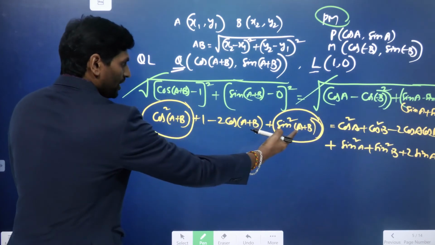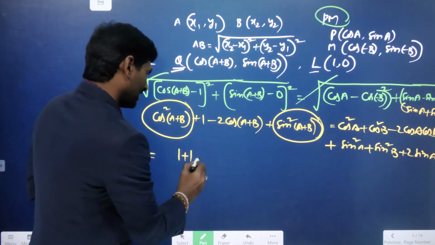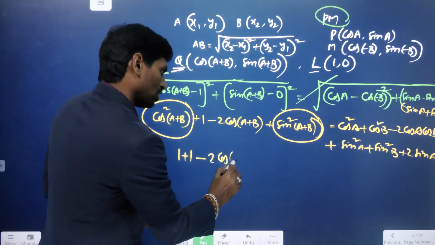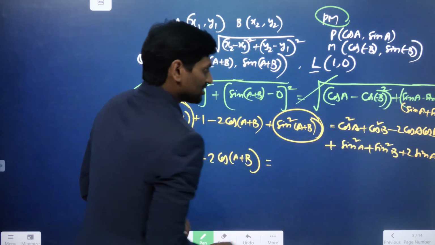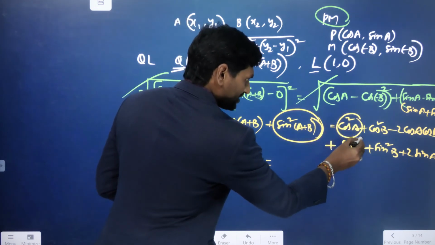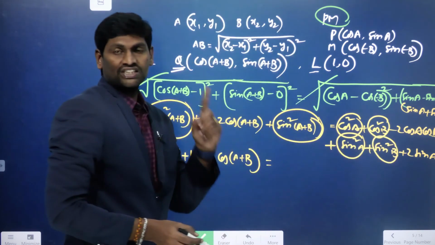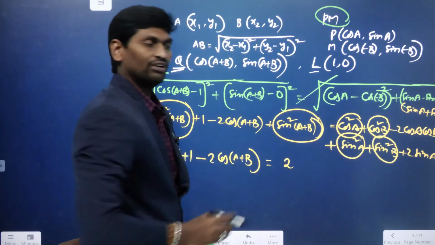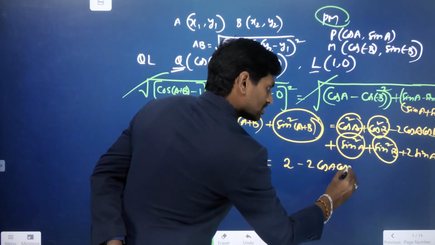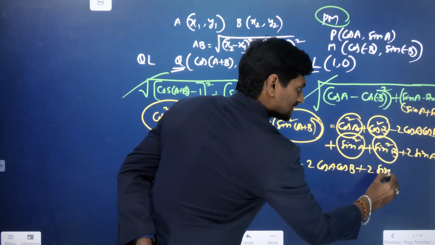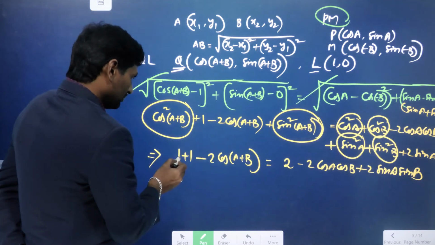Same way, cos square a plus sin square a is 1, and cos square b plus sin square b is 1. So 1 plus 1 is 2. Here what remains is minus 2 cos a cos b plus 2 sin a sin b.